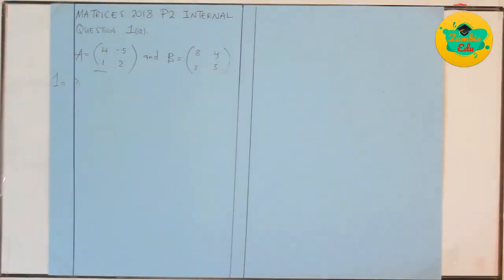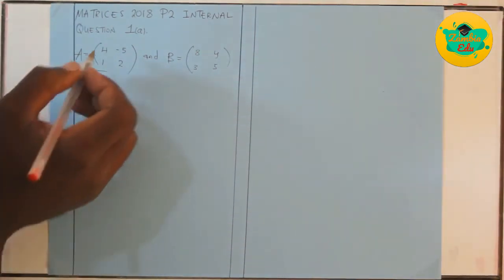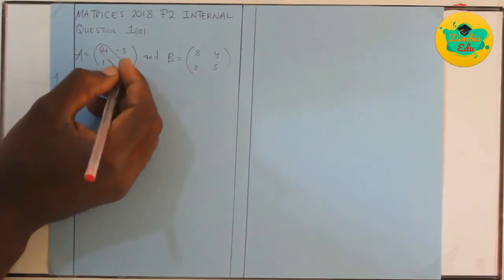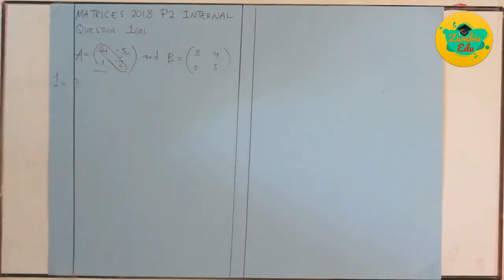So as we know, that's our major diagonal, and that is our minor diagonal.